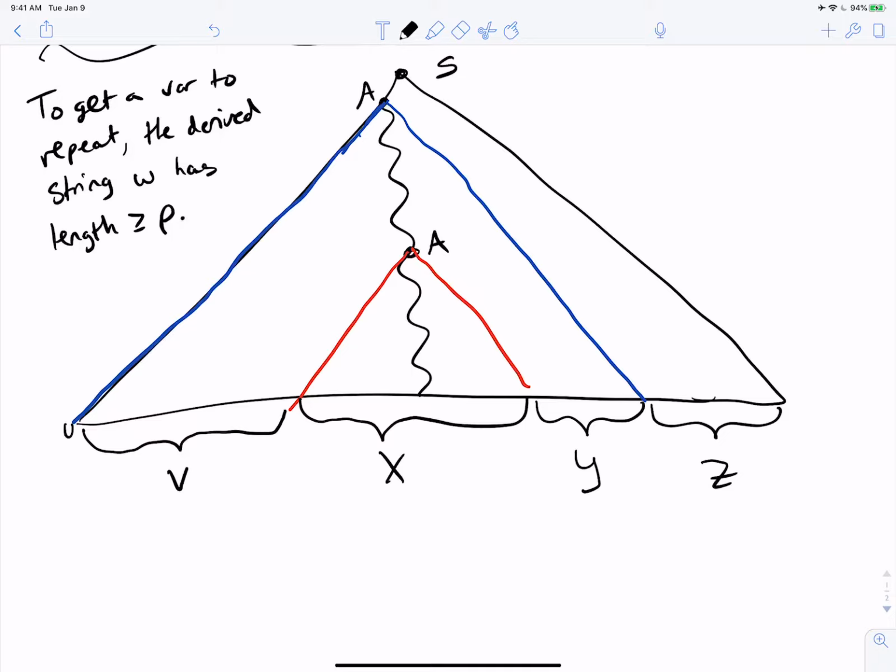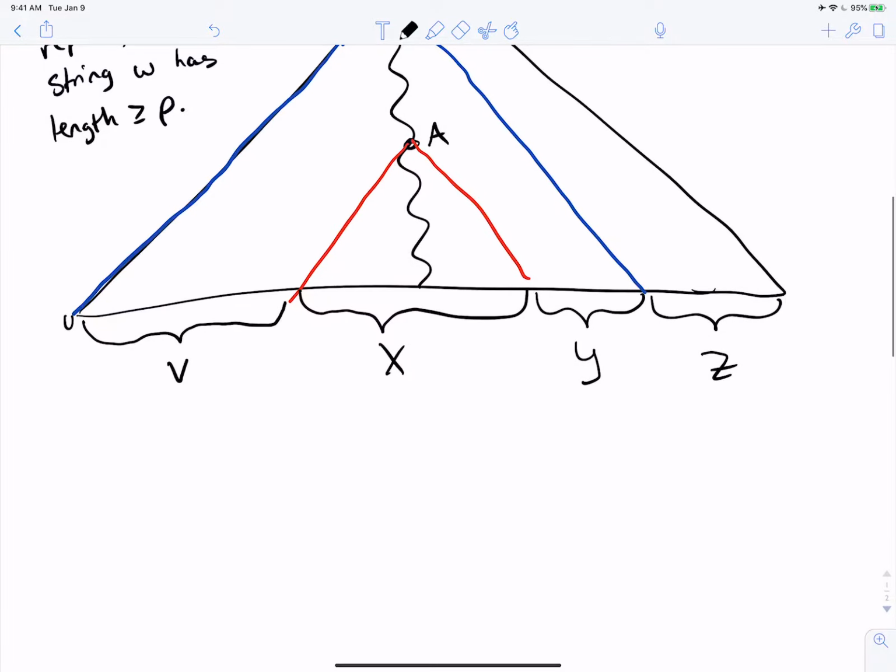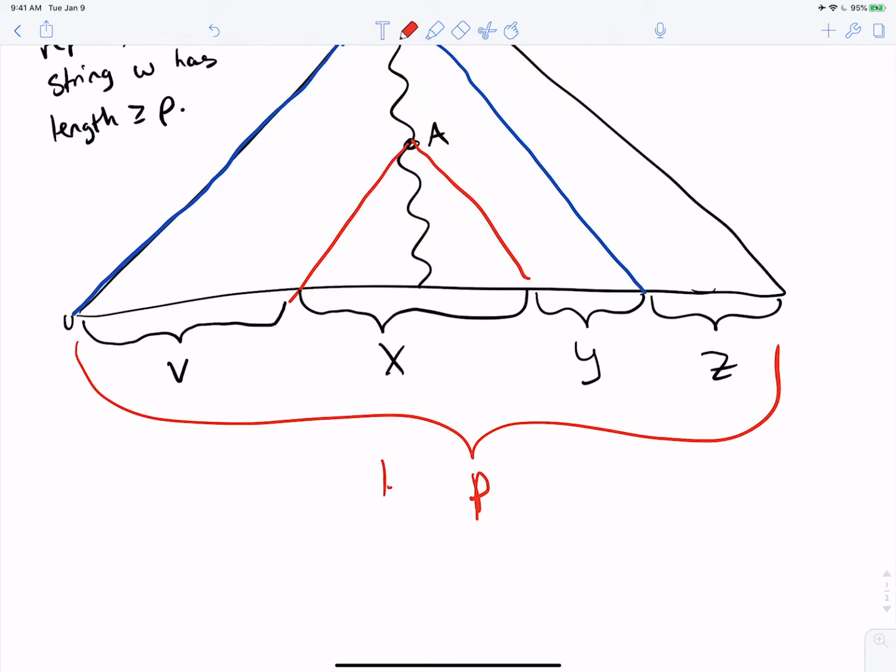Well, what is vxy in relation to p? p is the entire string's length. And so what does vxy have to be in relation to that? It would be p minus the length of vxy. So let's look at this. This whole thing is length p.